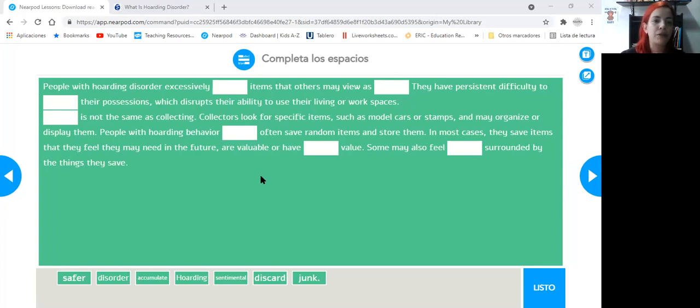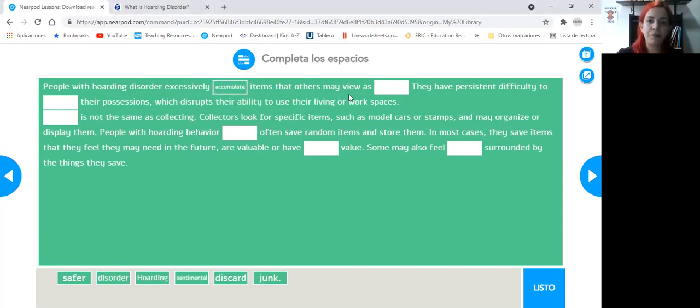People with hoarding disorder items, excessively items, excessively junk. No, right? Because we have a period there. Sentimental items. What word makes sense into this phrase? People who accumulate. Exactly. Excessively accumulate.